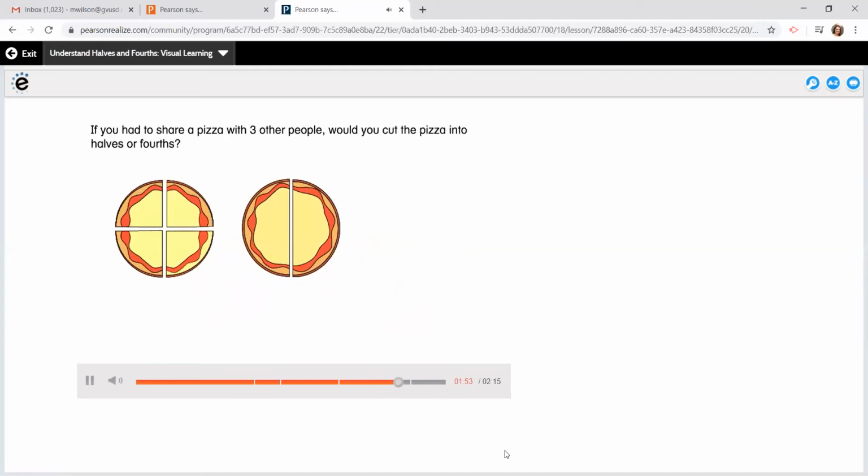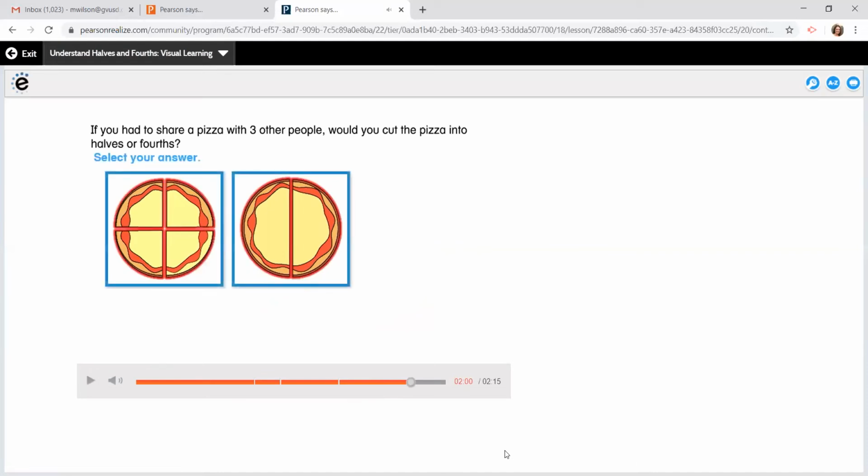If you had to share a pizza with 3 other people, would you cut the pizza into halves or fourths? Select your answer. Okay, what do you think? If you had to share a pizza with 3 other people, so that's yourself and then 3 other people, would you cut the pizza into halves, which is over here, or fourths over here?